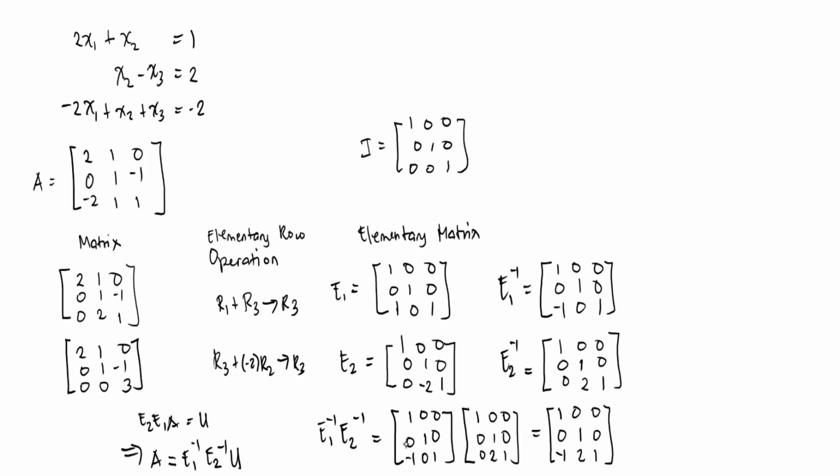Okay, so we just multiply this third row to each of the columns here. Okay, so you will get this, and this is now our L.